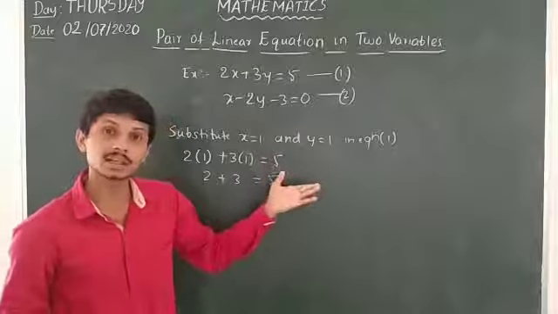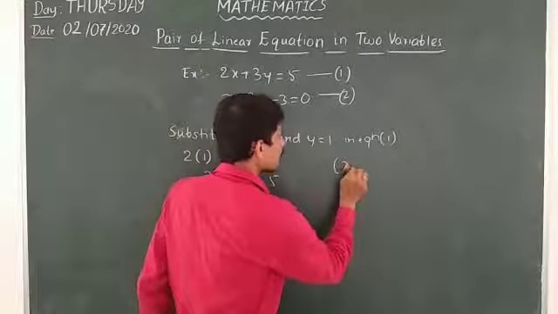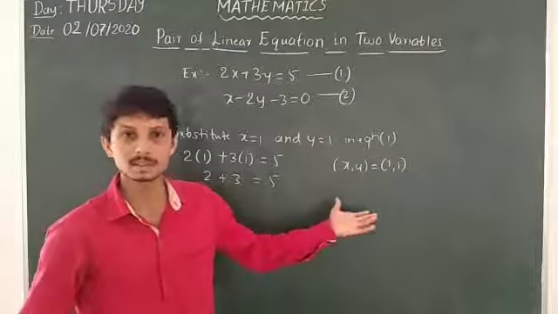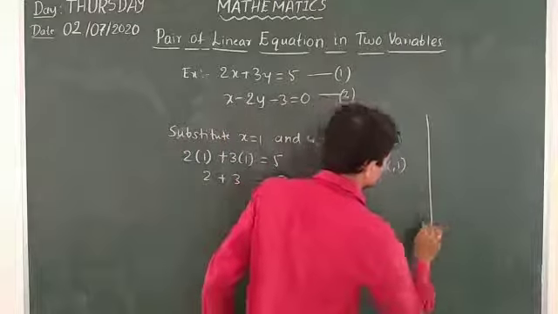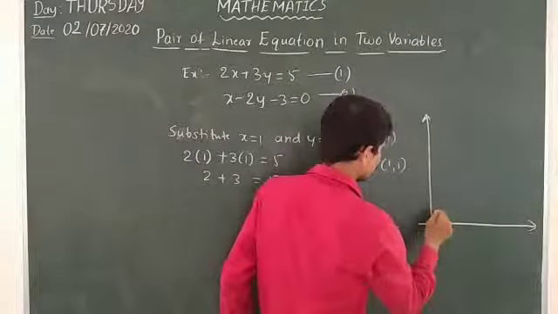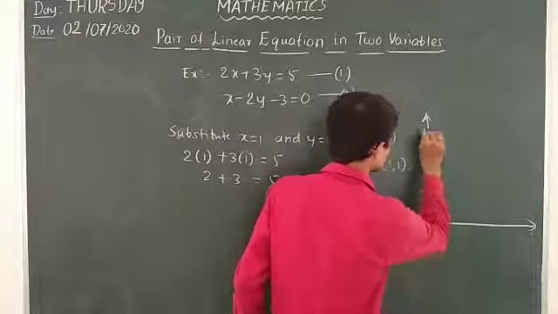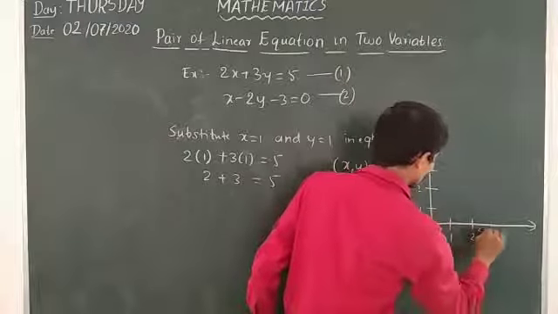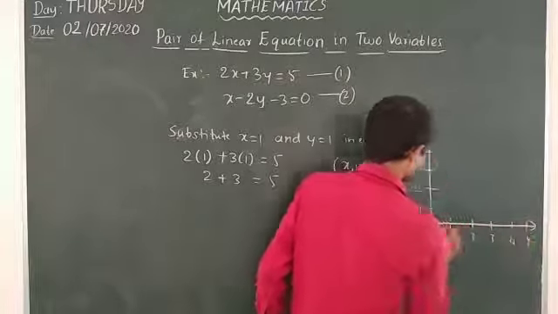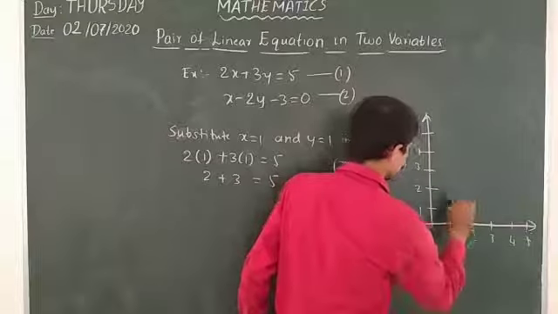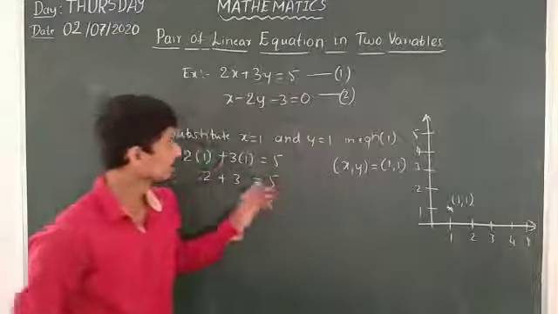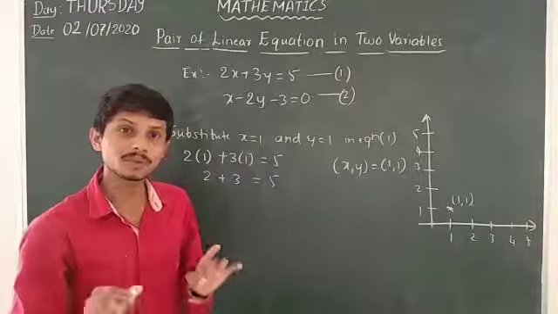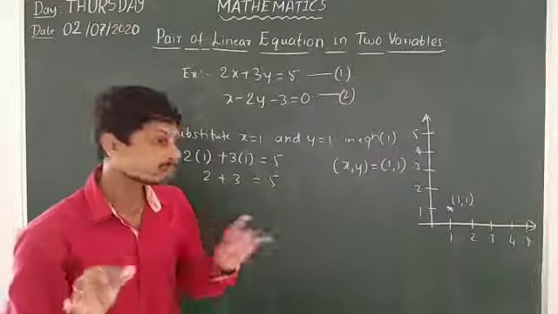That means I will consider it as coordinates: x comma y is equal to 1 comma 1. So I can easily represent it on the coordinate system. The solution of every equation we can represent on the coordinate system.